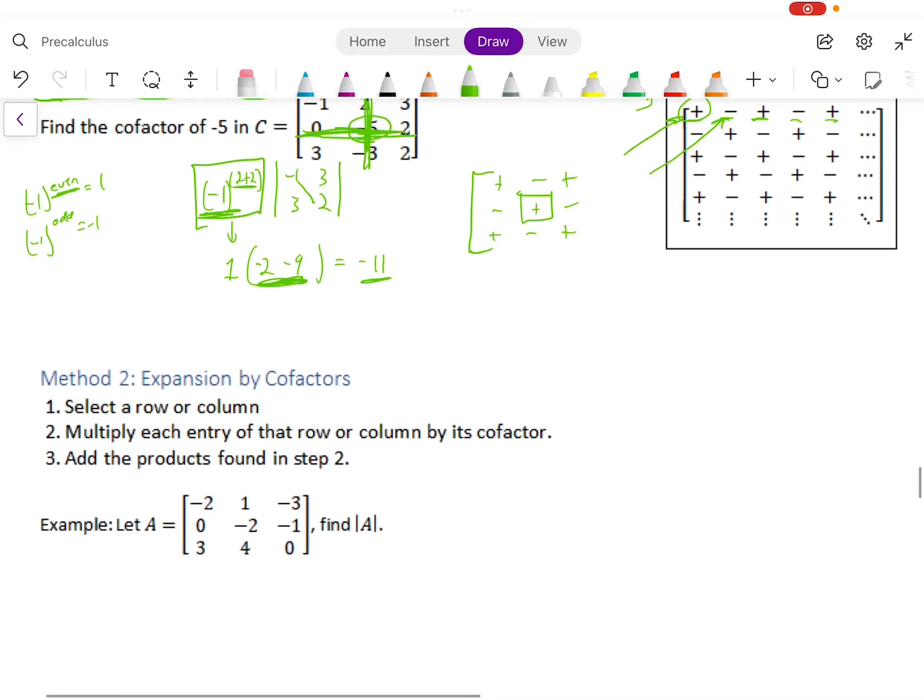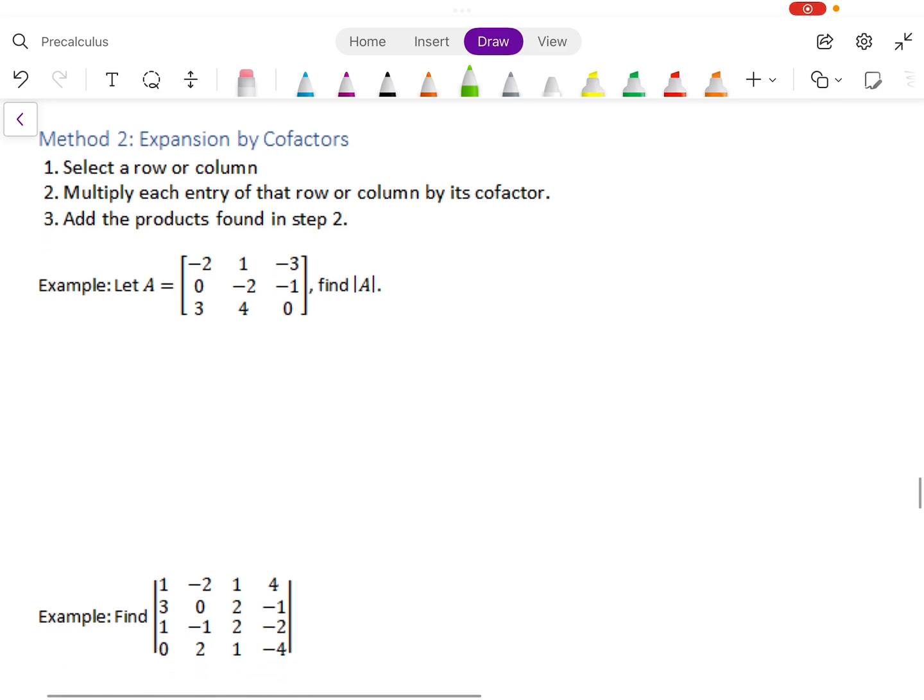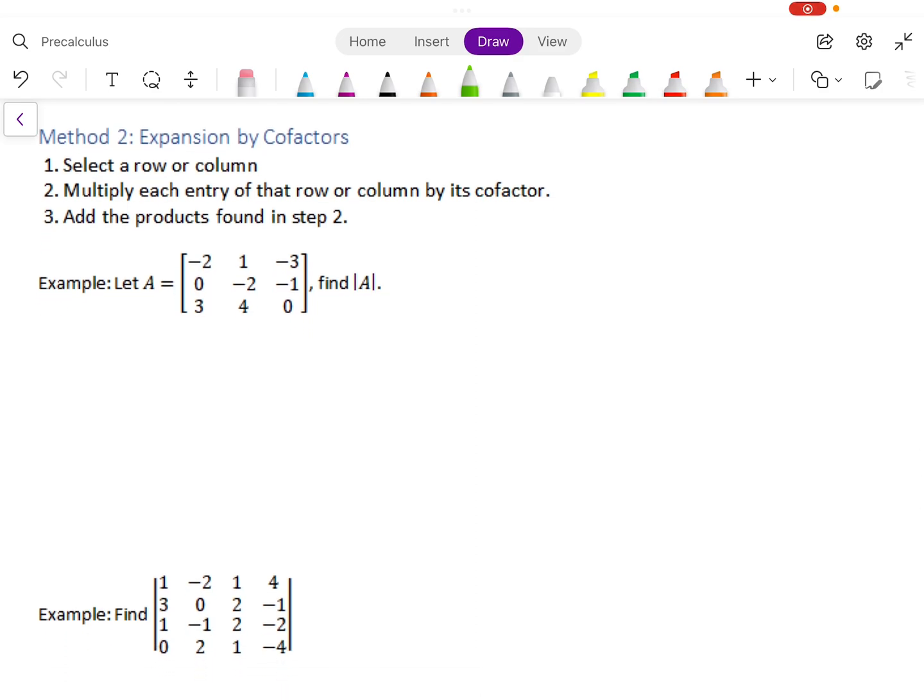Now we're going to go through this idea of what's called expansion by cofactors, and this is going to be finding the determinant of a 3x3 or 4x4 or 5x5 using this idea of cofactors. So what you want to do is start by selecting a row or column. When you do that, we like zeros.